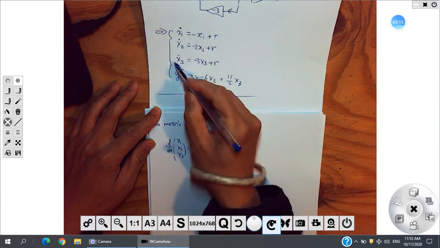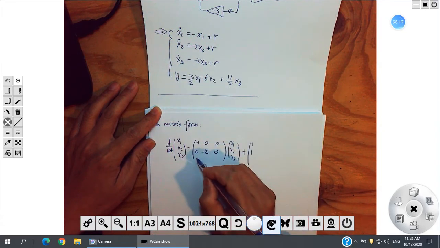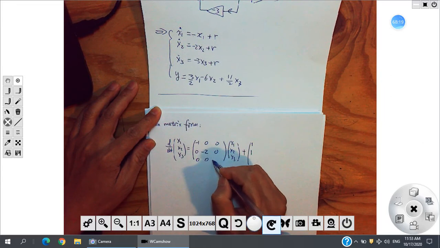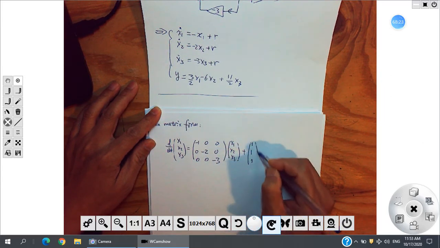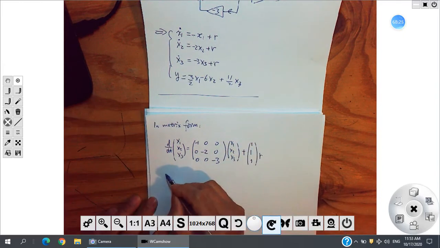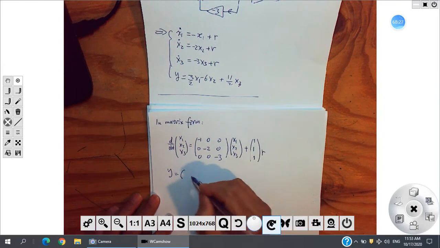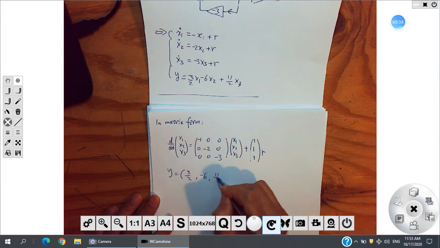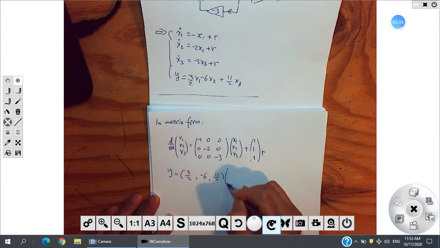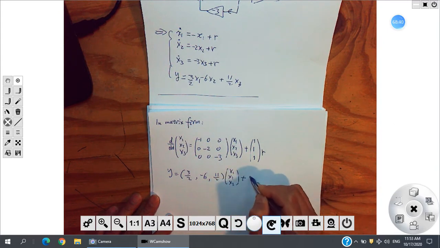And the third one has no x1, no x2, and negative 3 of x3, plus 1 of r. And y equals 3 over 2 of x1, negative 6 of x2, and 11 over 2 of x3, plus 0 of r, so D is 0.